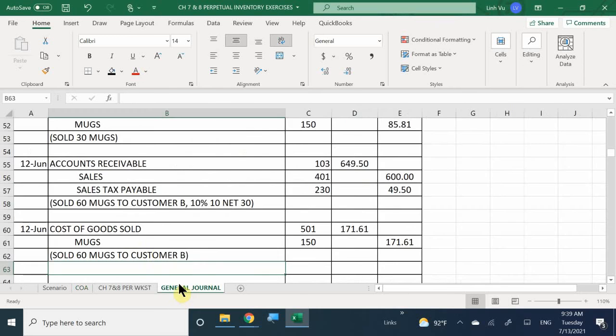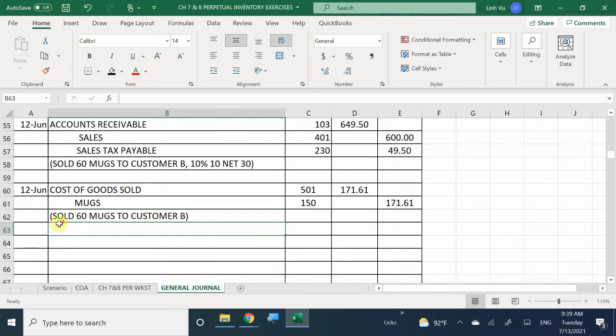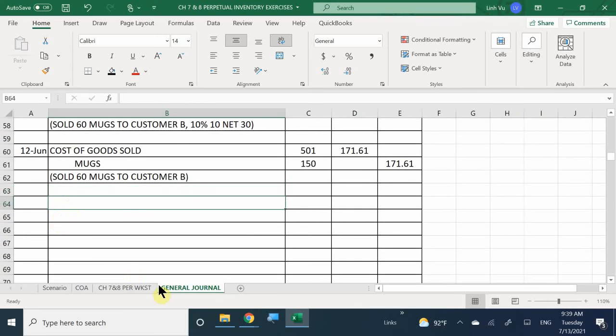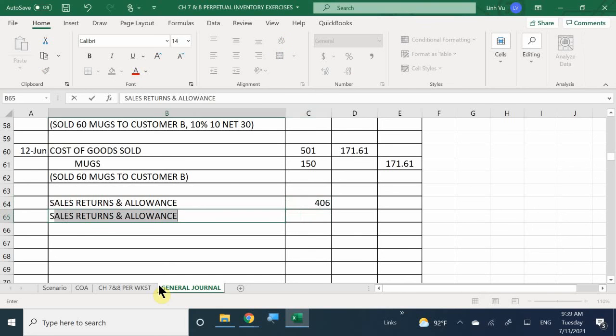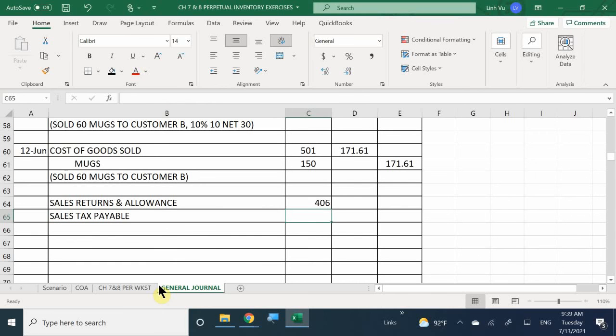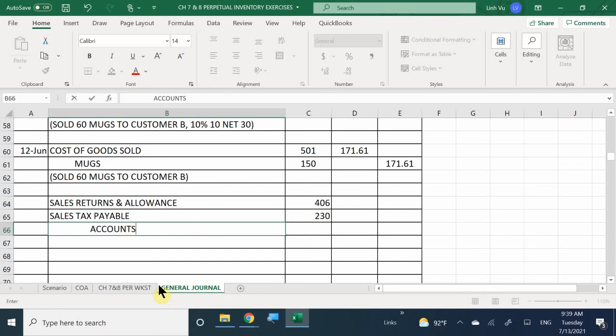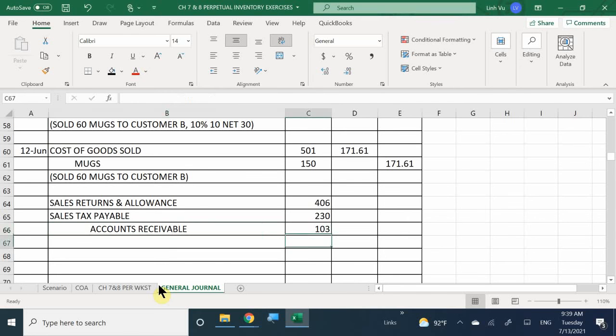Okay, so in this case, we have sales returns and allowances, 406. We have the sales tax payable because we have to give them back their tax. And we're going to reduce the accounts receivable, right? We're going to reduce what they owe me by whatever amount.